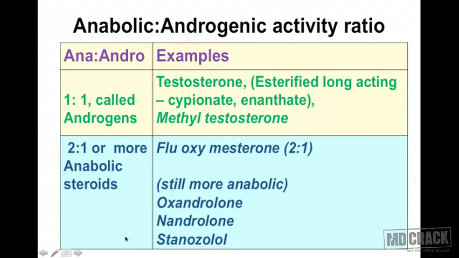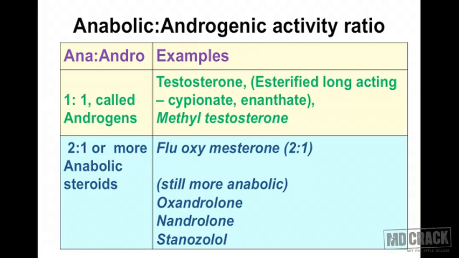Now we go to the next row. If the anabolic ratio starts increasing as compared to the androgenic ratio, it can sometimes go to 2. That's 2 for anabolic activity and 1 for androgenic activity, so I call it 2:1, or sometimes even more than this. Then this substance no longer remains only an androgen.